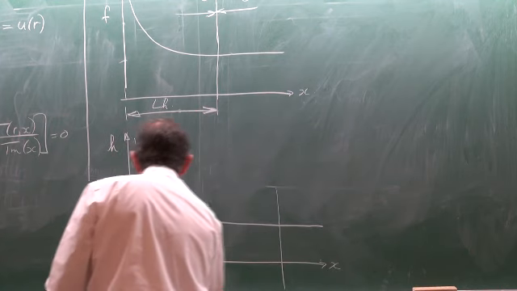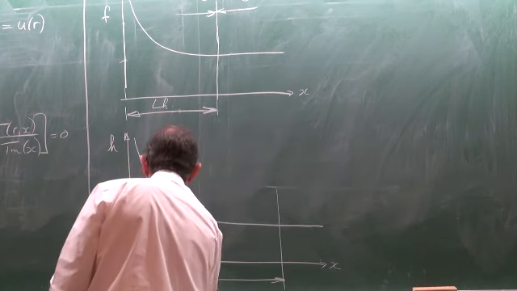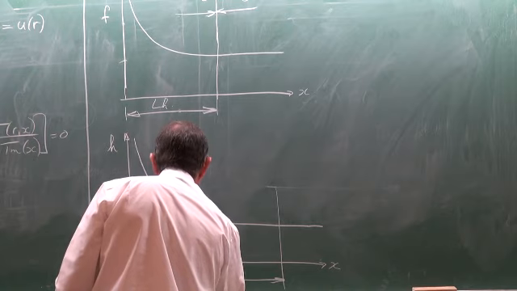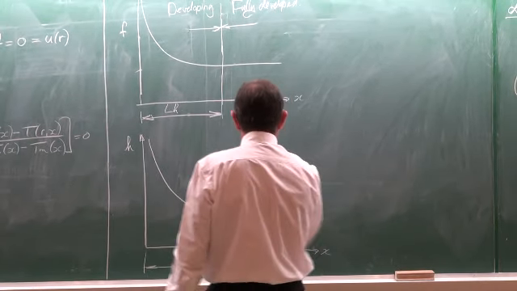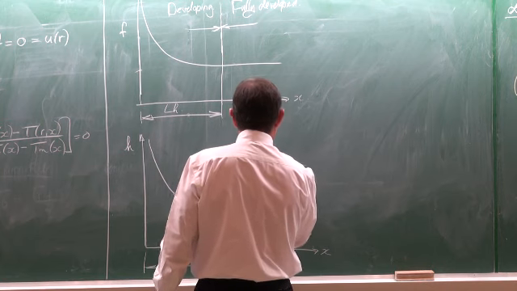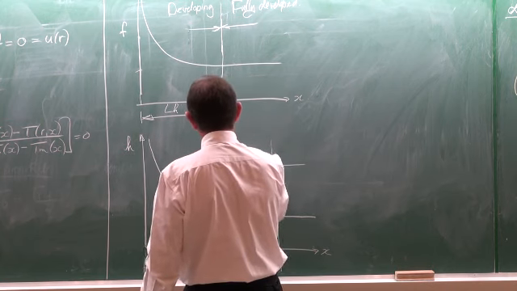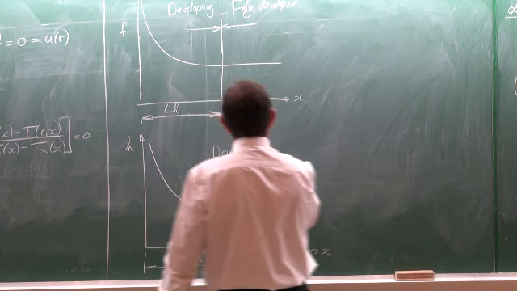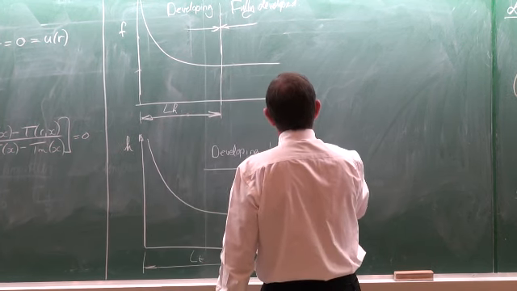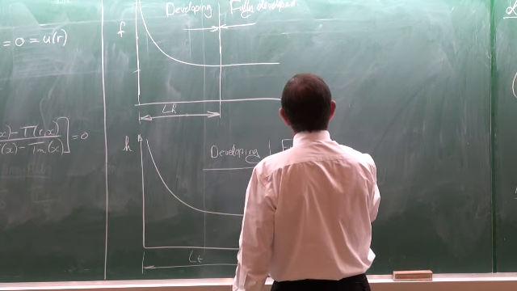This is going to be the distance L_T for the heat transfer coefficient. And the flow on this side we are going to say is developing flow, and here it is fully developed flow.